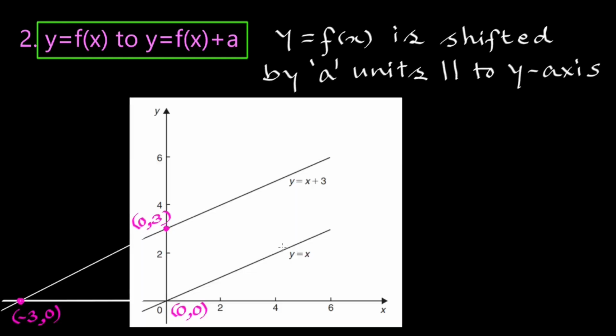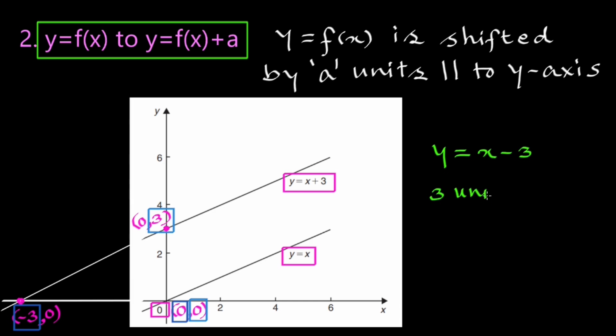Accordingly, the straight line y equals x, which passes through the origin, by simple transformation becomes y equals x plus 3 by shifting the y coordinate of the origin 3 units upwards, and the x coordinate of the origin shifting 3 units to the left. In case of transformation to y equals x minus 3, this shifting would have been 3 units downwards parallel to the y-axis.